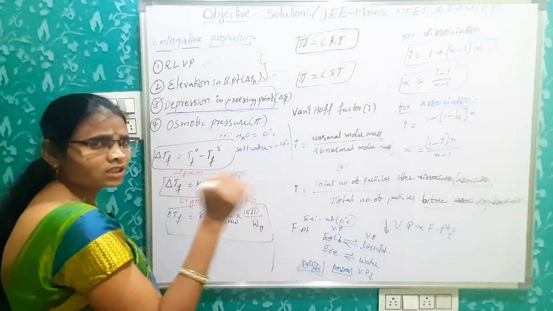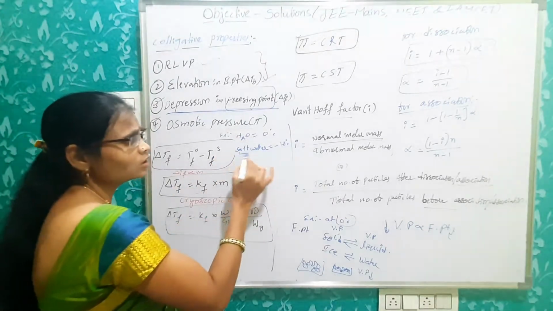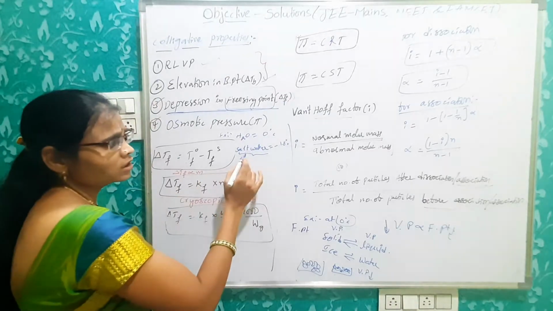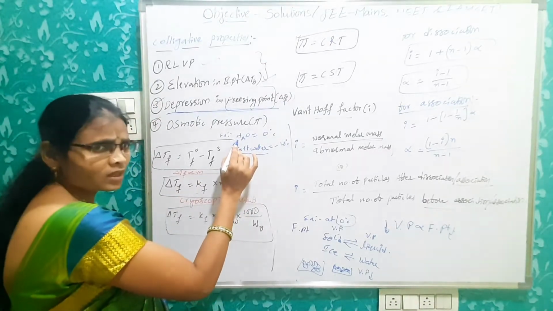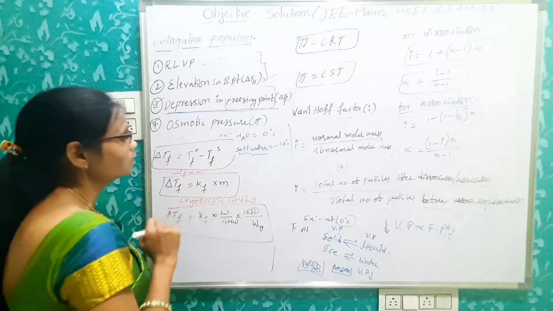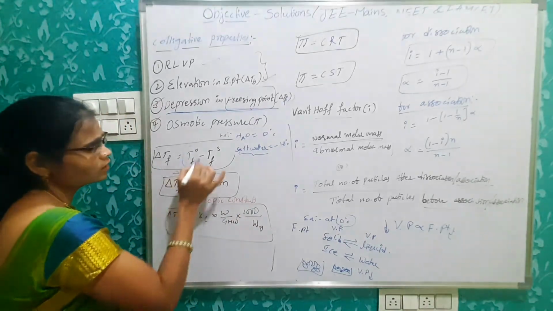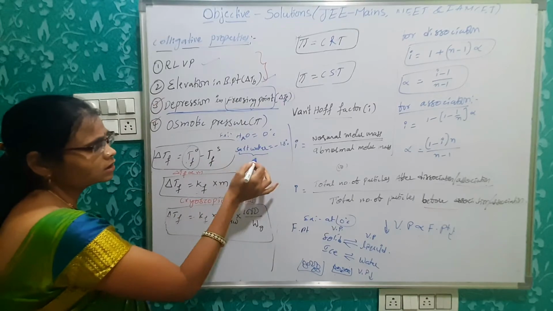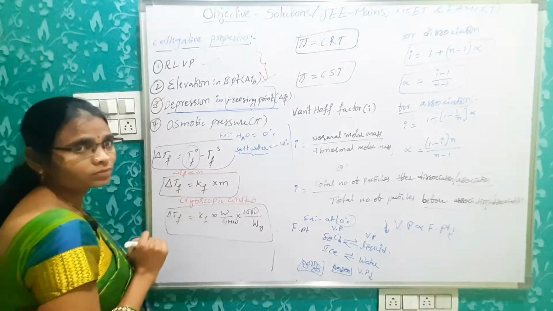By adding salt to pure water, we get a salt solution, and from pure water to solution, the freezing point decreases. Clear? This is for water, and this is for salt solution.